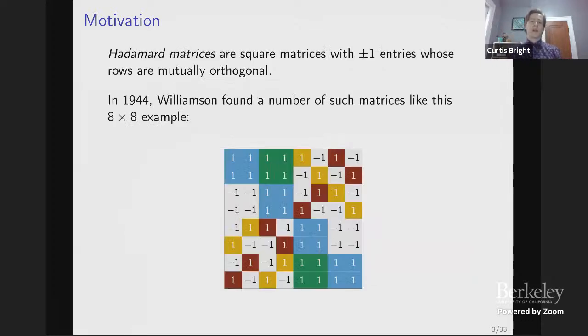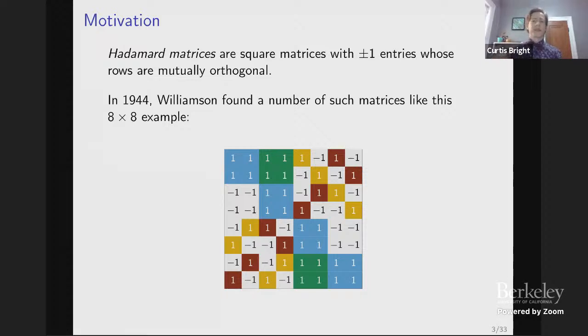A third example, which is near and dear to my heart, is Hadamard matrices. This is also a mathematical object which is defined really elegantly. We have a square matrix, and all the entries are either plus or minus 1. The defining property is that any two rows of the matrix should be orthogonal to each other, so they're mutually orthogonal. This is a very restrictive condition, and scientists have studied these things for over 100 years.